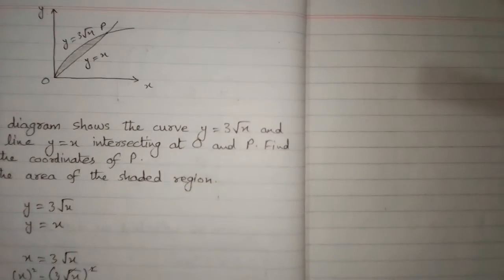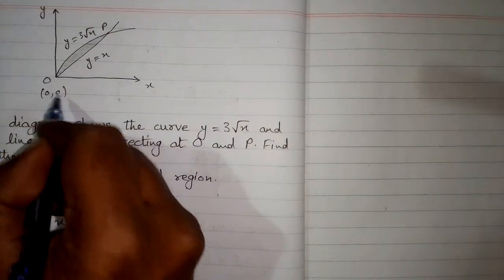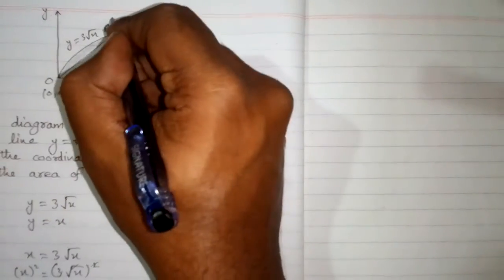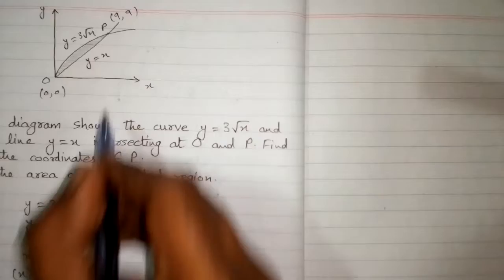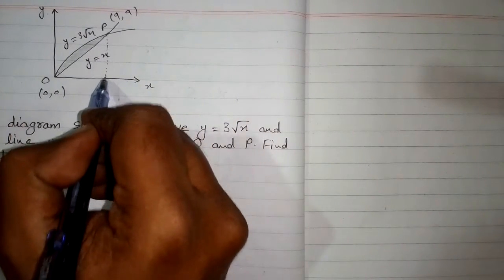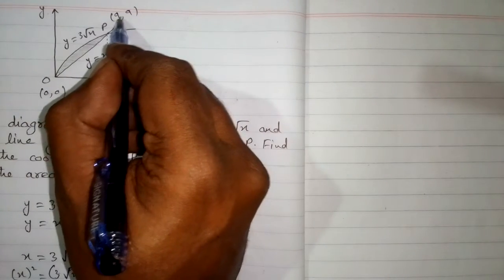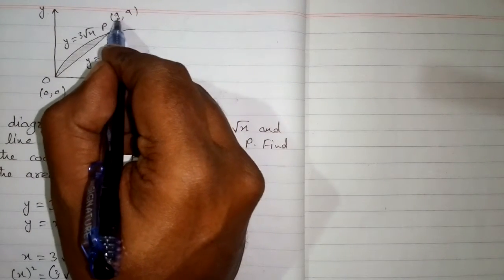So in the diagram we can see that this is origin, so this is 0 0, and this is point P, this is 9 comma 9. Now we can draw a vertical line, and here the value of x is 9. We can see that the x component of this point is 9.